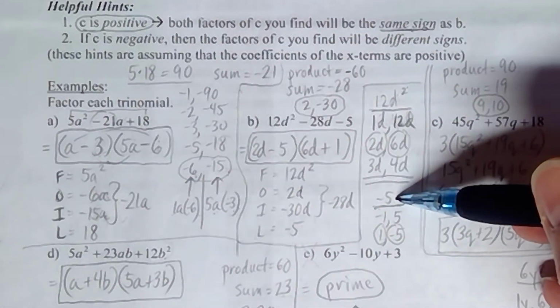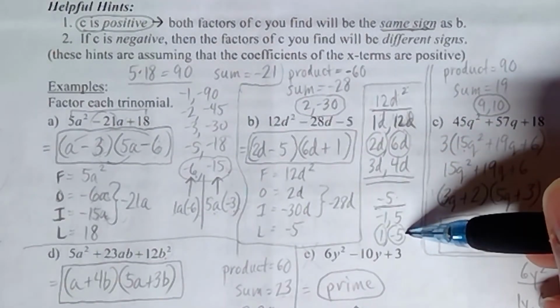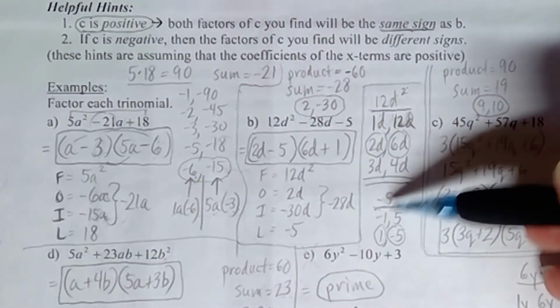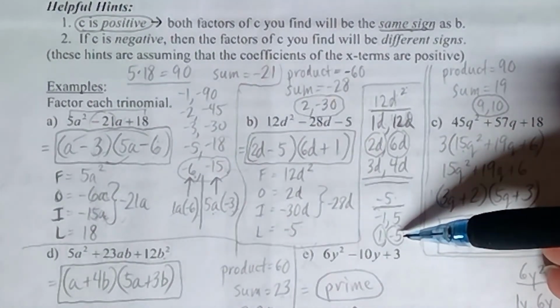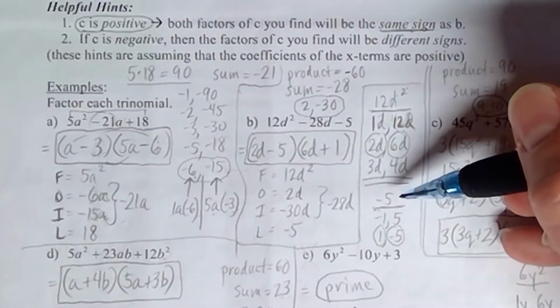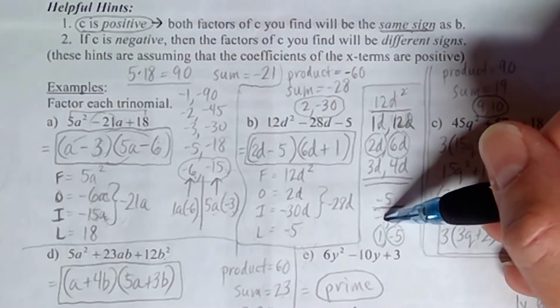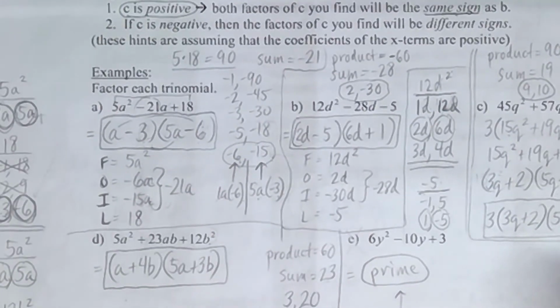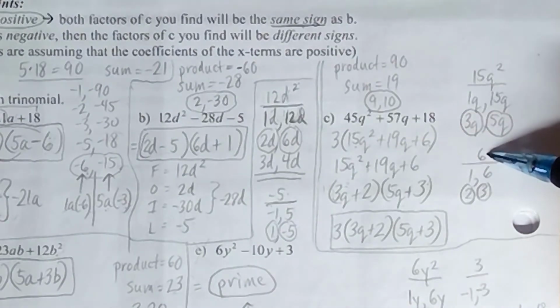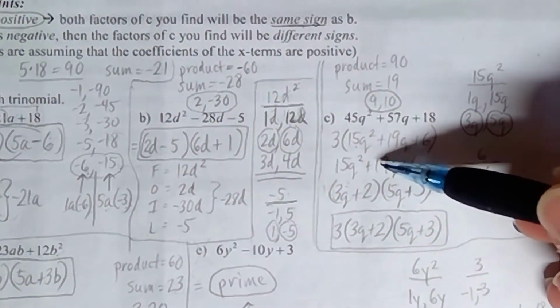Then when you get down to the last term here, you make a list for that as well. And the rules for how you make that list as far as the signs are concerned are the same as they were for the Berry method, where if it's negative, then you do positive, negative, negative, positive. If it was positive, like you'll see over in this problem over here, where it's positive 6 on the last term, then it's based on what's in the middle.